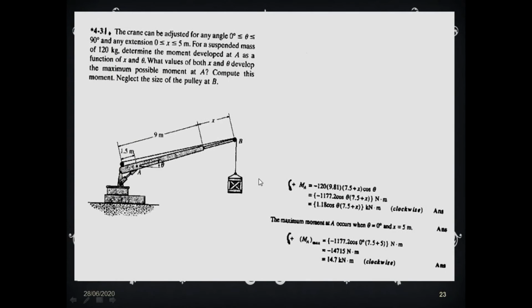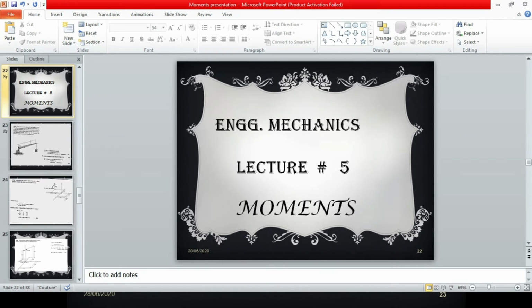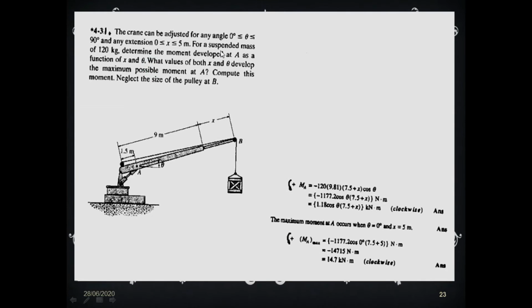Here we have a numerical, in which the crane can be adjusted for any angle theta greater than or equal to 0 and less than or equal to 90, and any extension x greater than or equal to 0 and less than or equal to 5 meter, for a suspended mass of 120 kilograms.